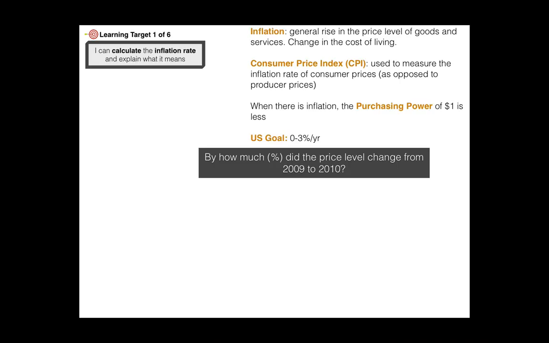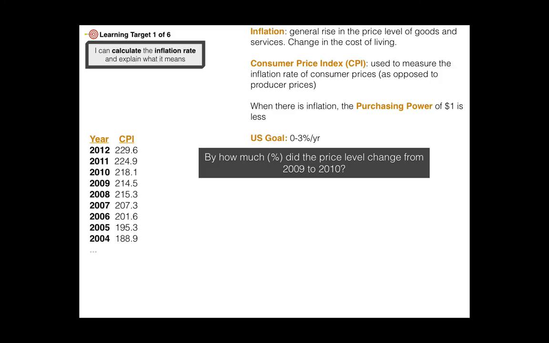Now let's get to calculating the inflation rate. A way we can ask this question is, by what percent did the price level change from, say, 2009 to 2010? This would be measuring the inflation rate for 2010. By what percent did prices overall change, or the cost of living change, from 2009 to 2010? The way the inflation rate is measured is through the Consumer Price Index.